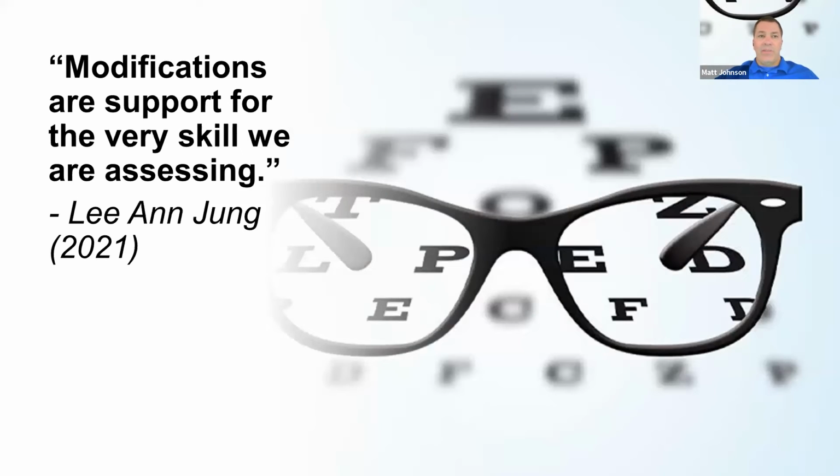So we'll also mention modifications here. So modifications are, in this case, to stay with the analogy, their support for the skill we are actually assessing. So in this case, the outcomes, like if we're doing an eye exam, we want to know what's going on with your eyes specifically.